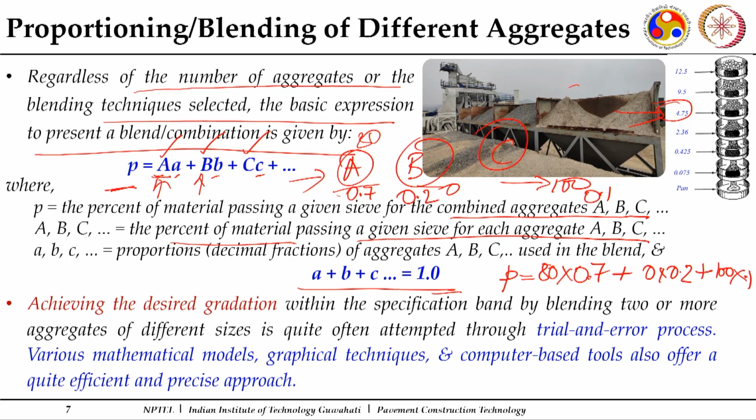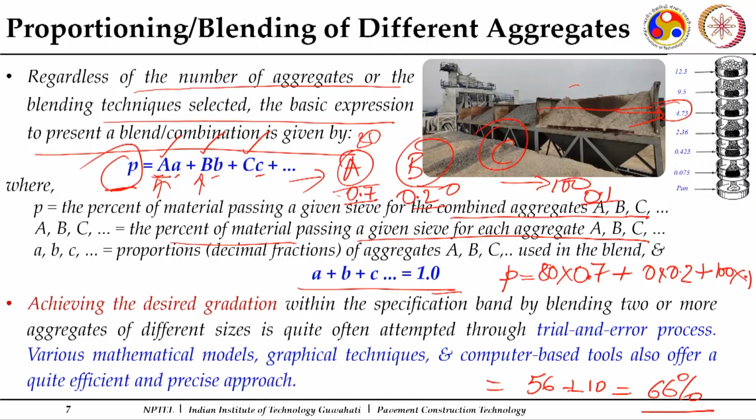Now, this will give you 56, this value will come up as 56 and this value will be 10. So, this makes 66% passing. So, if I combine A, B and C in the proportion of 70%, 20% and 10%, then on this particular sieve, this proportion will give me a material which will be 66% passing 4.75. So, now I have ensured this for one sieve.